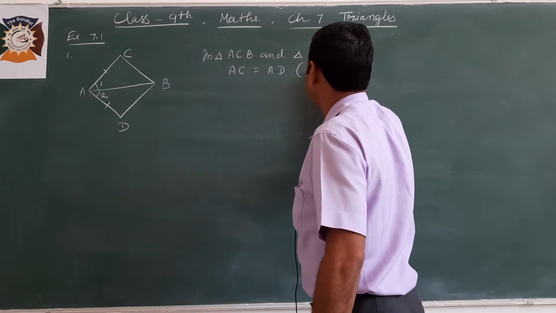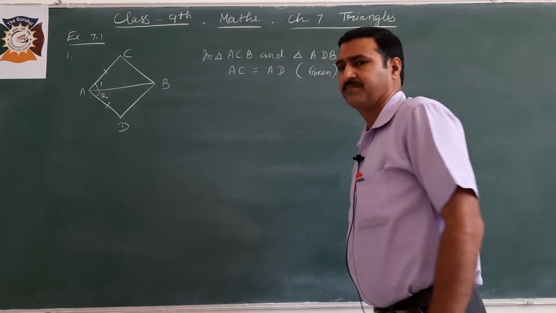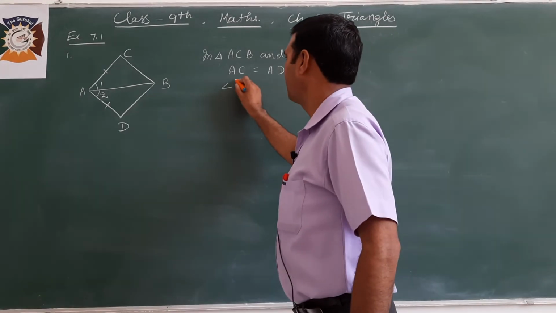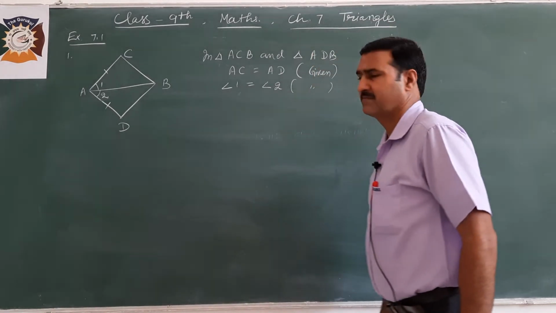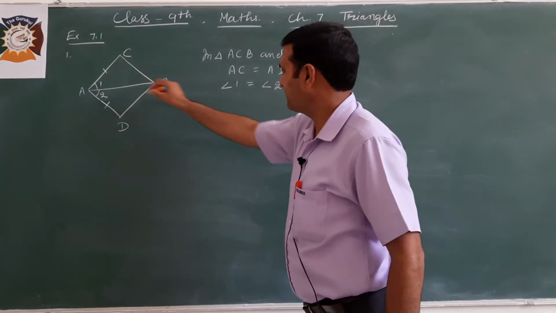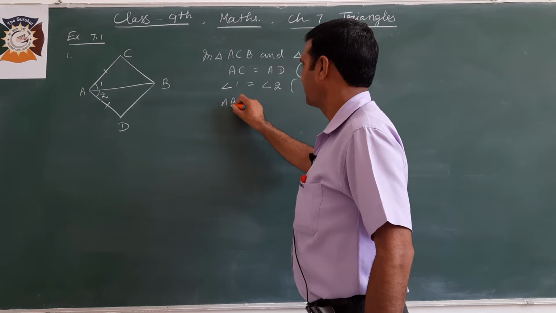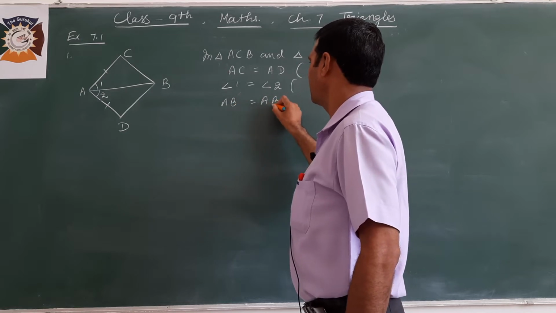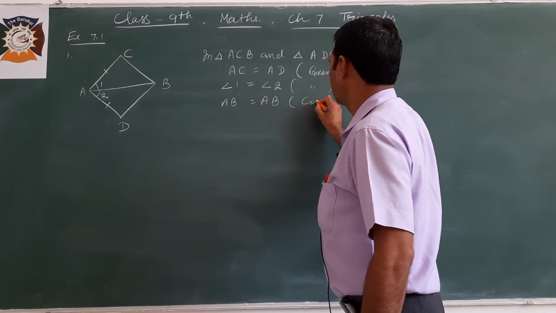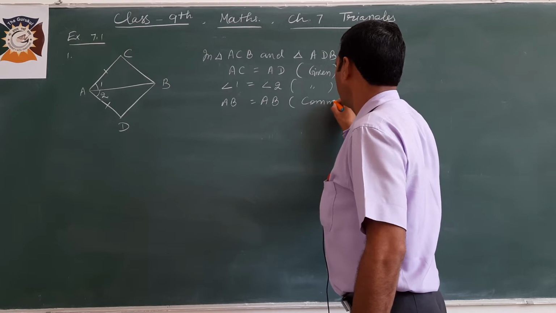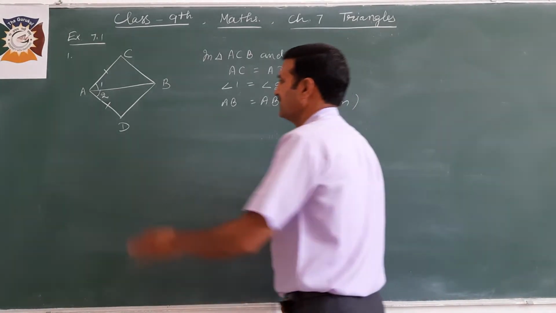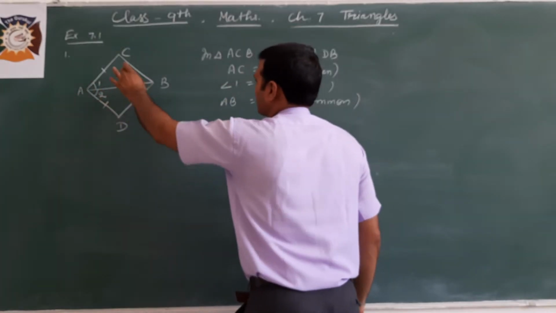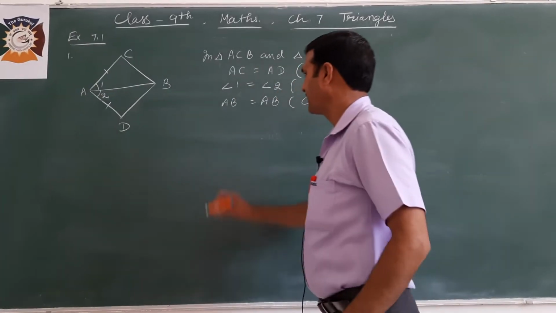It's given. Angle 1 is equal to angle 2. It's given. And what about AB? AB is equal to AB. This is the part AB which is common in both the triangles.